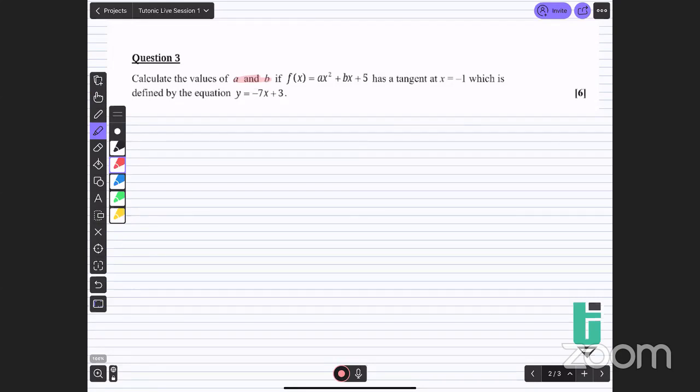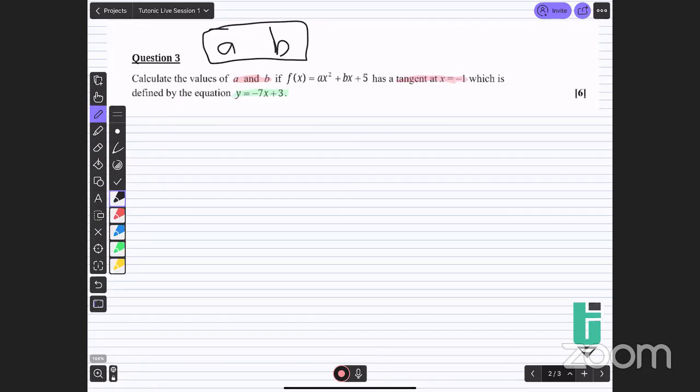They tell us that you've got a tangent at x equals minus 1, which is y equals minus 7x plus 3. So we need two variables, A and B, and because we need two variables, we need two pieces of information. And because we will have two pieces of information, we can have two equations.